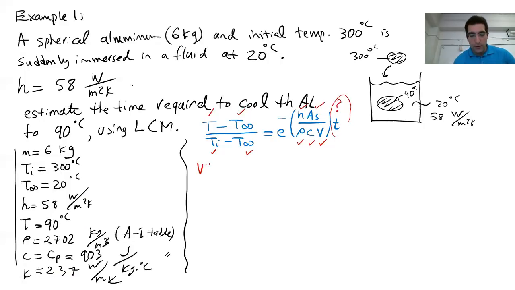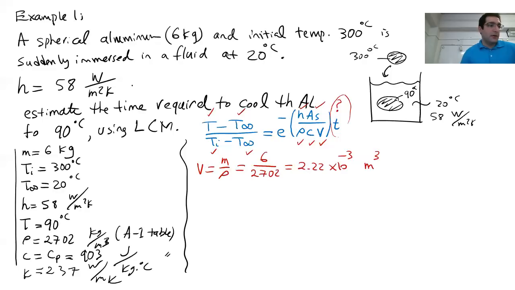So what is the volume of the object from the information we have? We have the mass and the density. So volume is mass over density. So 6 divided by 2702 gives us 2.22 times 10 to the negative 3 meter cubed. We're also looking for the surface area, correct?